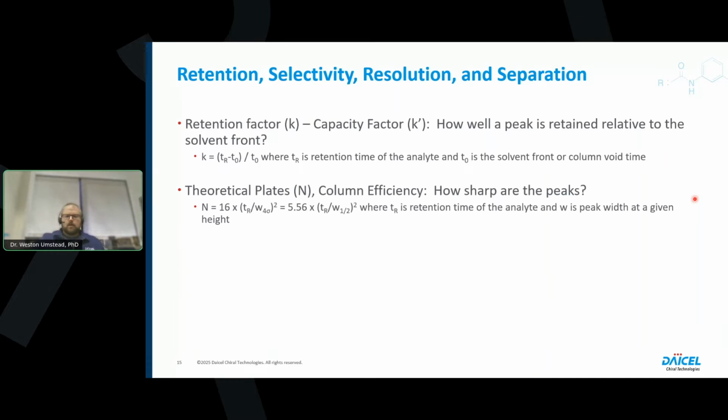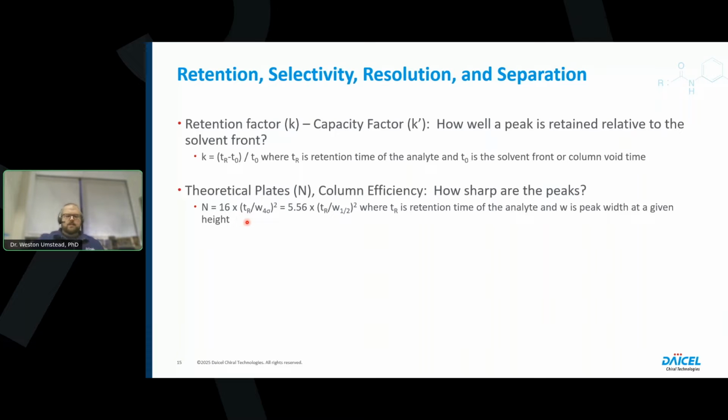The other one that we're going to see used quite frequently is theoretical plates. That's large N. It's our description of column efficiency, or how sharp the peaks are. There are a number of different ways to calculate N values, and in some cases it depends on the system. There are different groups that calculate it differently. So you'll see it represented in a variety of different ways, but these two equations here are the two most common.